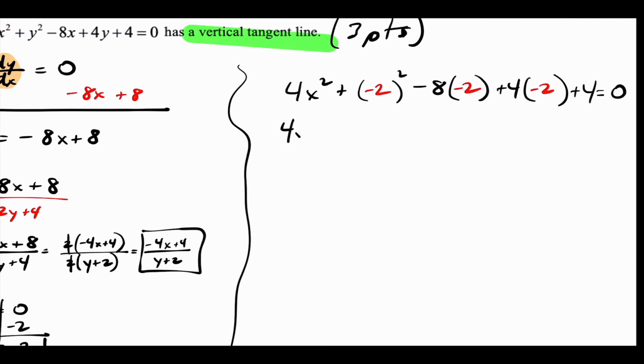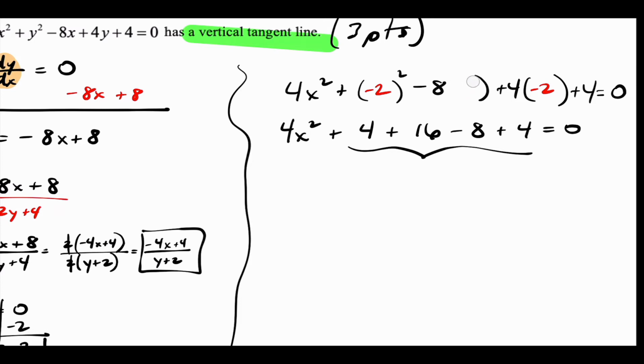Okay, so I get 4x squared plus 4 plus 16 minus 8 plus 4 equals 0. Negative at an x. Oh, sorry, I plugged in when I shouldn't have, right? Yep, shouldn't have plugged in there.